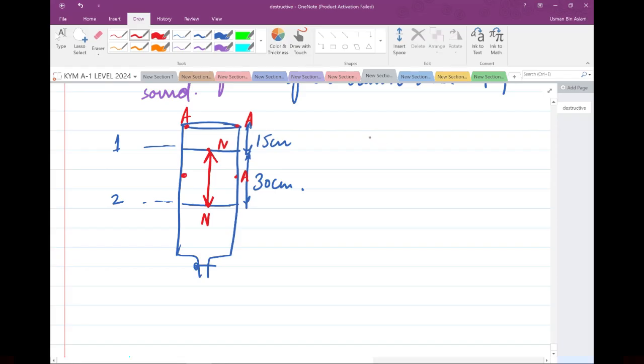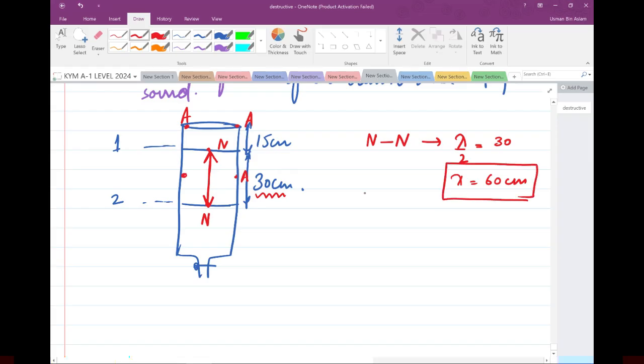You have to remember that the gap between a node and a node is half a wavelength. In the question it's given that it is equal to 30 centimeter. So node to node the distance is 30 centimeter, so the wavelength comes out to be equal to 60 centimeter.